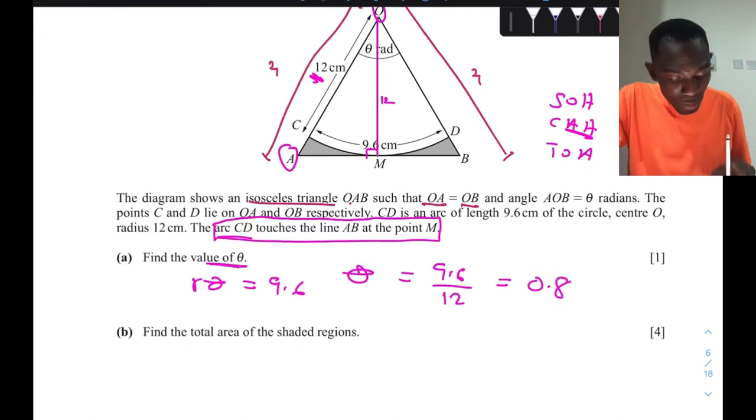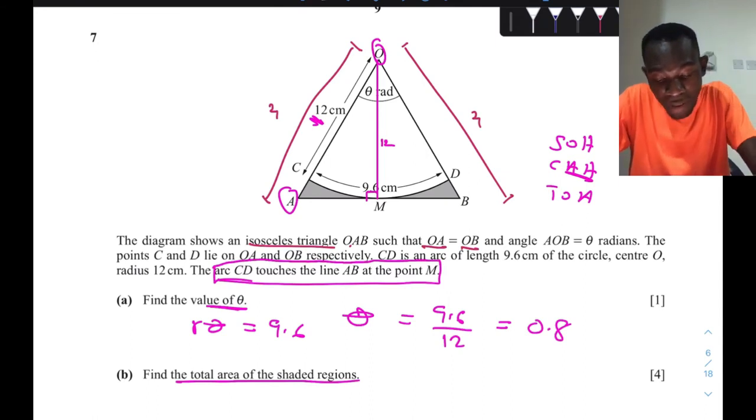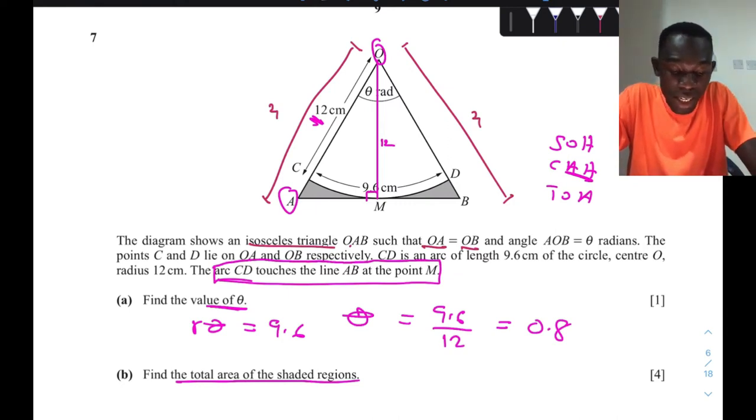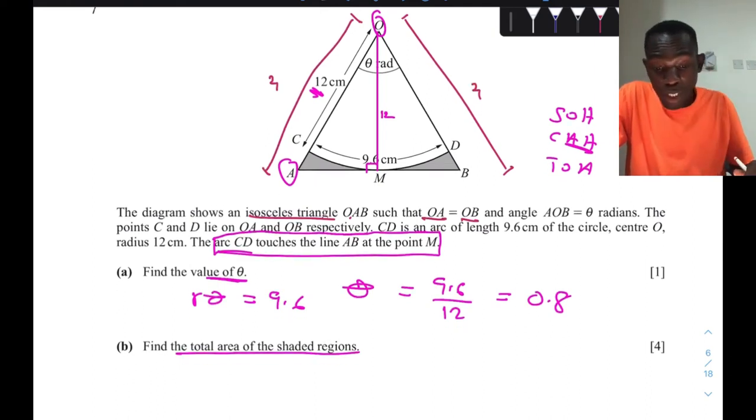Now they want us to find the total area of the shaded region. For this, if I can find the area of the triangle AOB, I can subtract the sector area from it and I'll get the shaded region. That is the plan I'm going to use, and I've been using this plan throughout.